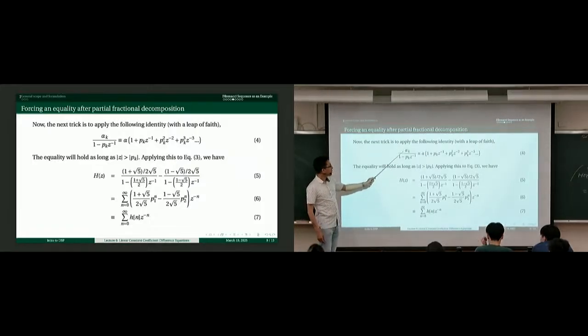What is this identity about? It's just rewriting this term into an infinite series, basically a power series. At least technically, this is my suggestion. Let's rewrite this term which shows up in the partial fraction decomposition.